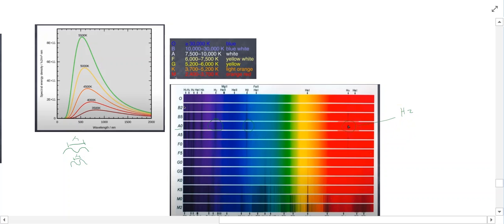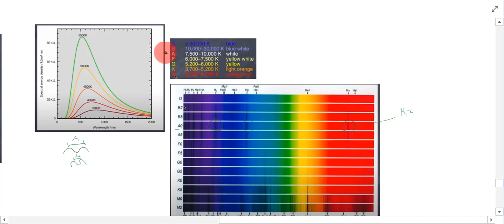Hydrogen will absorb these particular wavelengths of light if it's present. So hydrogen must be present within these A-class stars, because we can see evidence of the absorption spectra of hydrogen when we look at the overall absorption spectra.